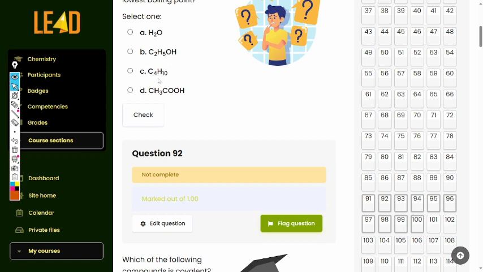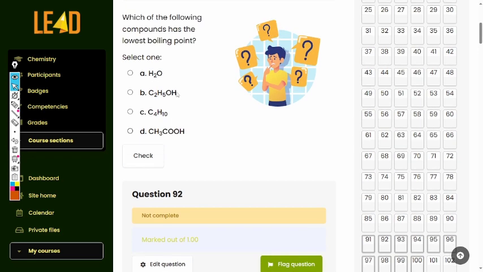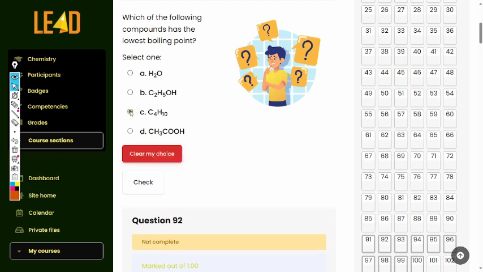Because it's purely covalent, it will have the lowest boiling point here. This is ethanoic acid. Because of the carboxylic acid functional group COOH bonded here, it's not going to have as low a boiling point as other covalent compounds. So the most covalent compound here is butane. So that will have the lowest boiling point.